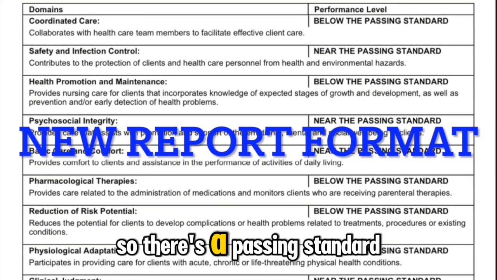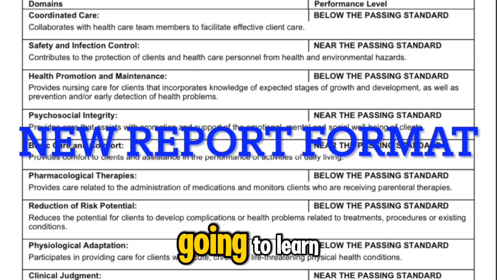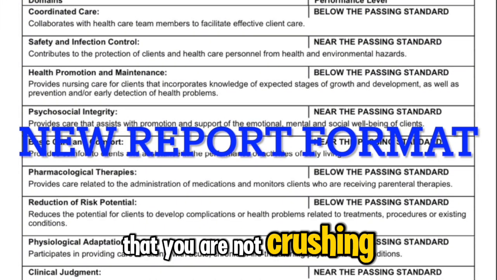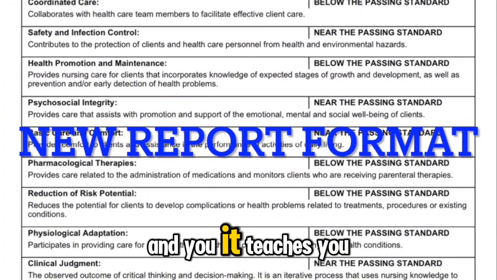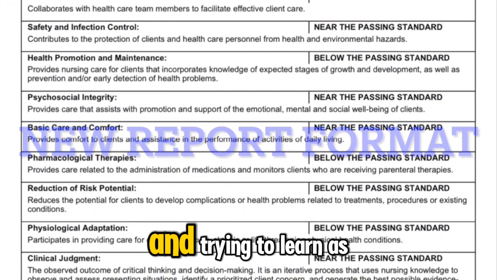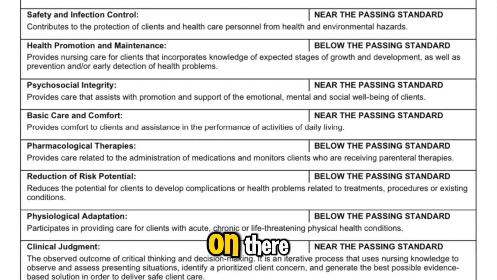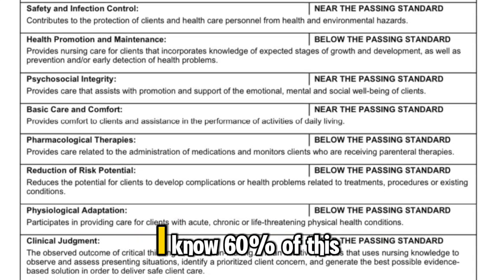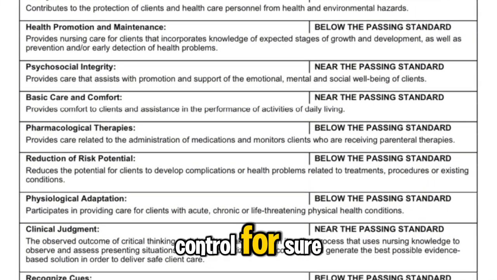Okay, so there's a passing standard. You want to kind of know what it is, so that when you are going to learn, you are not crushing yourself feeling like you have to know 100% of the material. And it teaches you how to just keep moving and trying to learn as much as possible, so that when it's your turn to get on there, you can show the algorithm, I know 60% of this one category, safety and infection control, for sure.